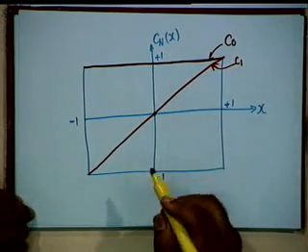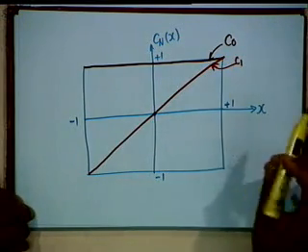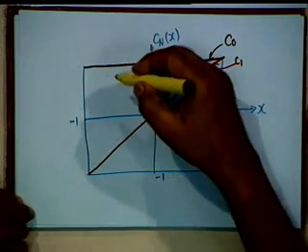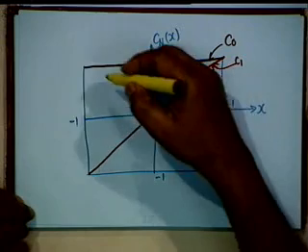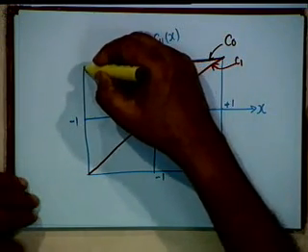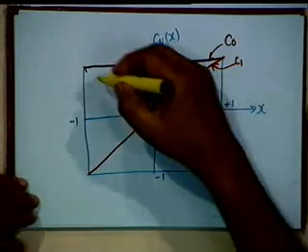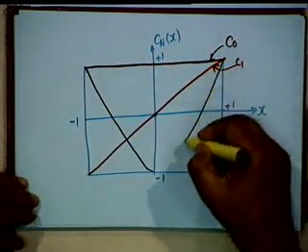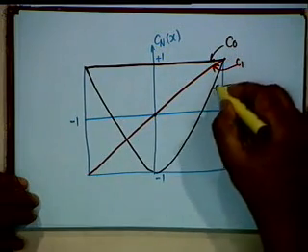C2 is 2x squared minus 1, and therefore it starts from plus 1, at x equal to minus 1 it is plus 1, and at x equal to 0 it is minus 1, so it goes like this. This is C2.